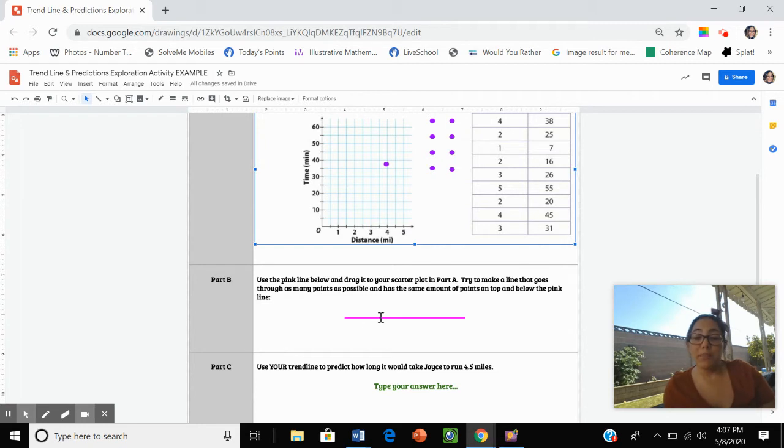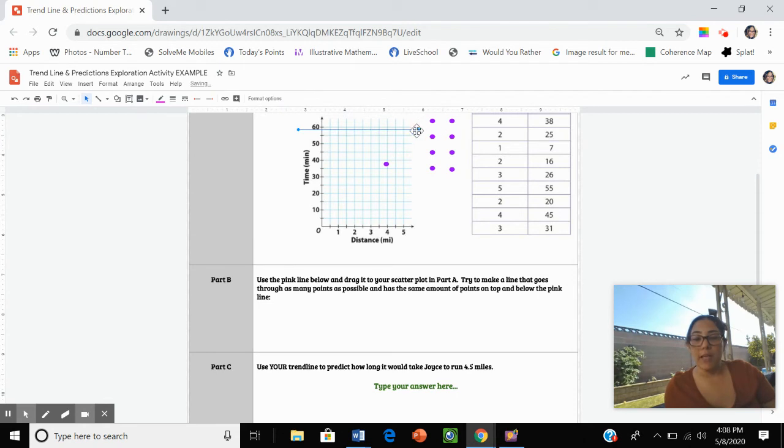In part B, you're going to use this pink line and drag it to your scatter plot in part A. Try to make a line that goes through as many points as possible and has the same amount of points on the top and bottom. For instance, if after you plot all your points it starts making a negative trend, you can interact with that pink line and make it negative.